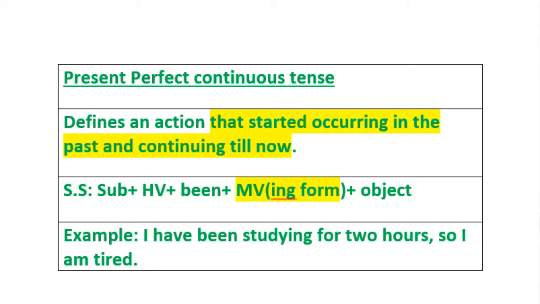So, let's see an example because this sentence is quite long. So, I have been studying for 2 hours. So, I am tired. I have been studying for 2 hours. So, here in the sentence structure, been must be there, but have or has will change with the subject.